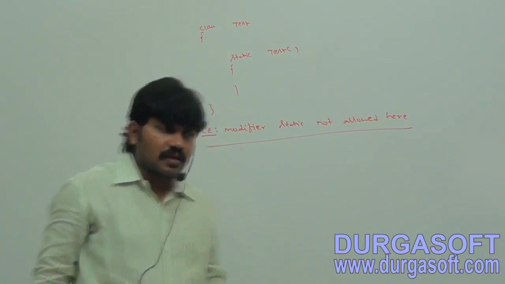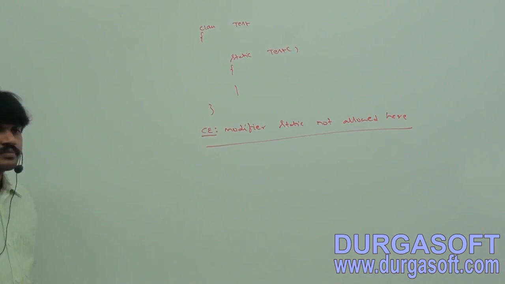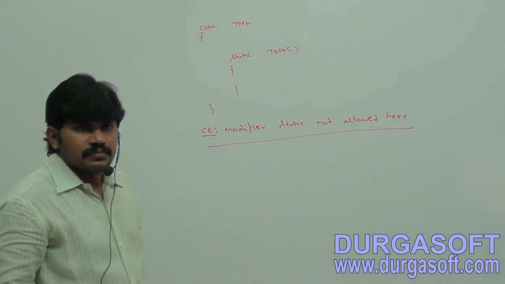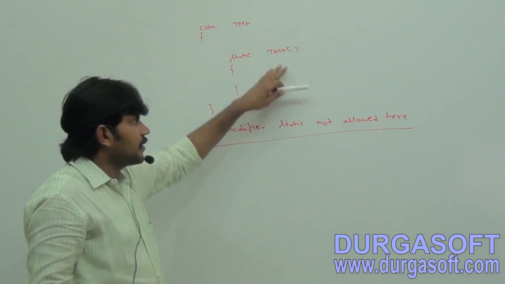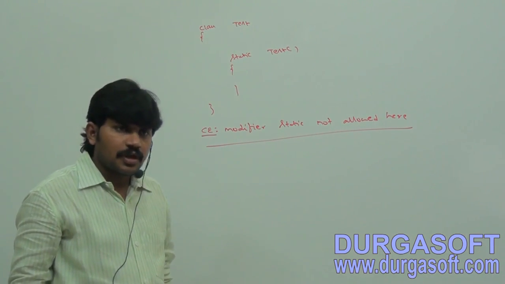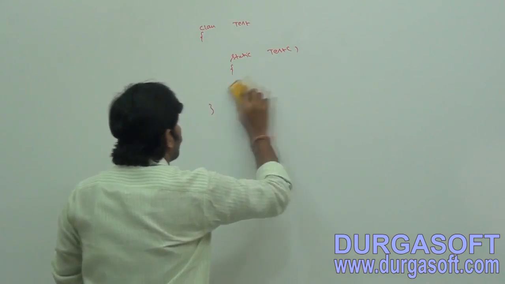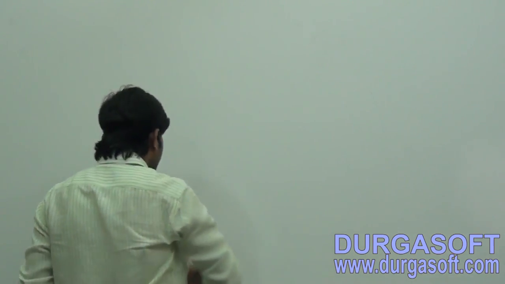Modifier static not allowed here is the compile time error we get. Modifier static not allowed here itself is the compile time error. Okay, the terminology is very clear for you people, right?